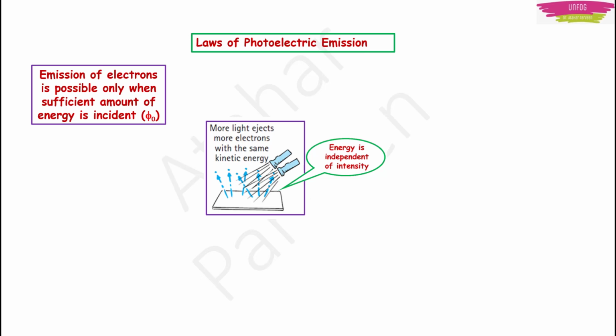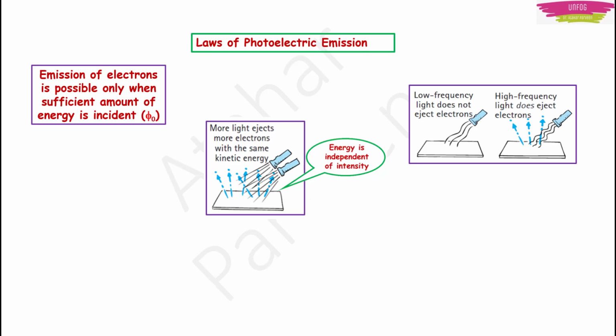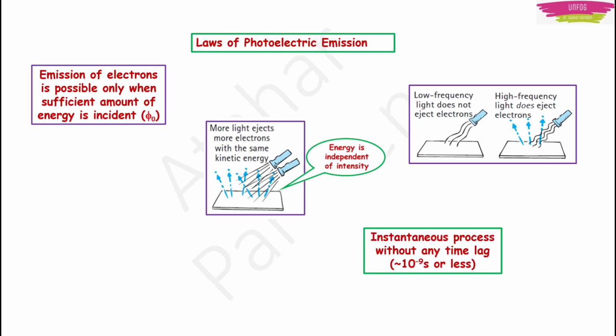That means energy is independent of intensity. Remember the marbles example? You can imagine it if you are not understanding what I am trying to tell. Next law is that low frequency means no ejection of electrons. Only high frequency light will eject electrons with more kinetic energy. So the frequency of the incident light is changing the kinetic energy of the photoelectrons.